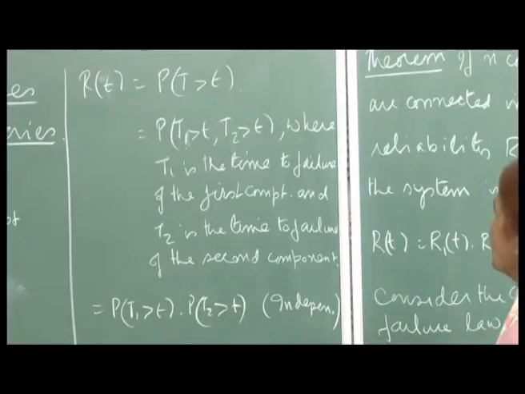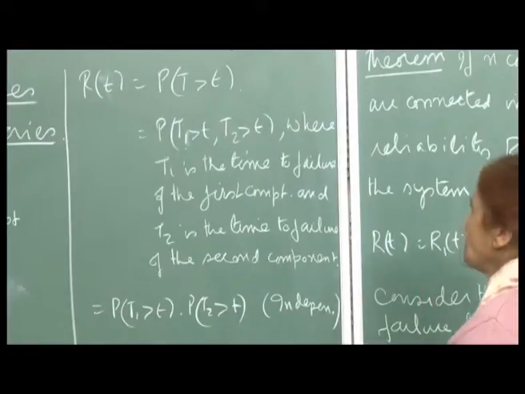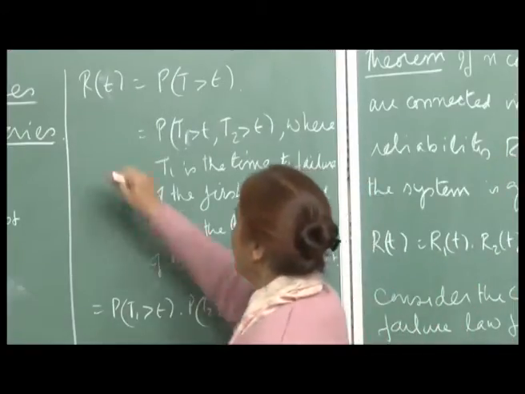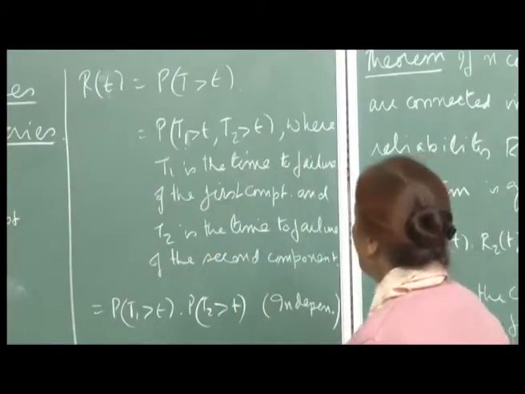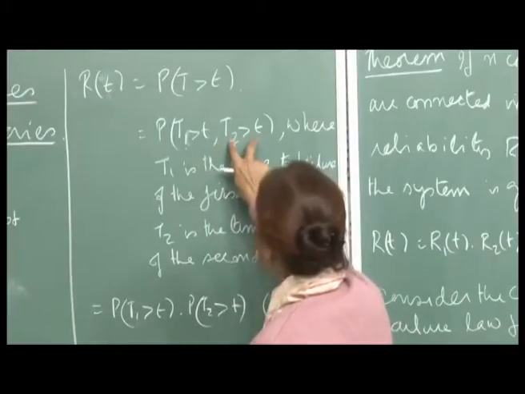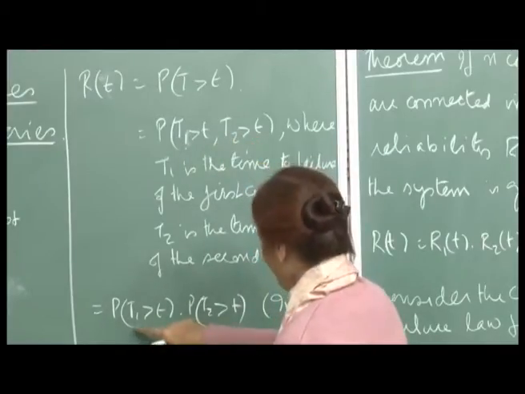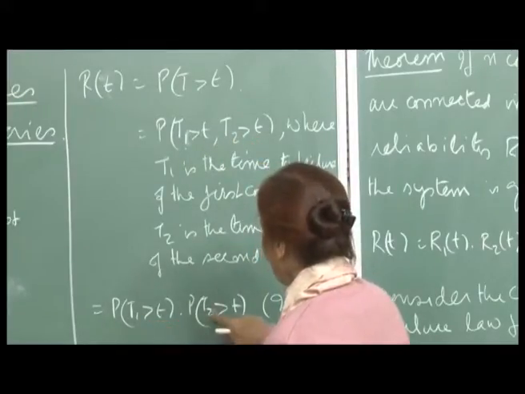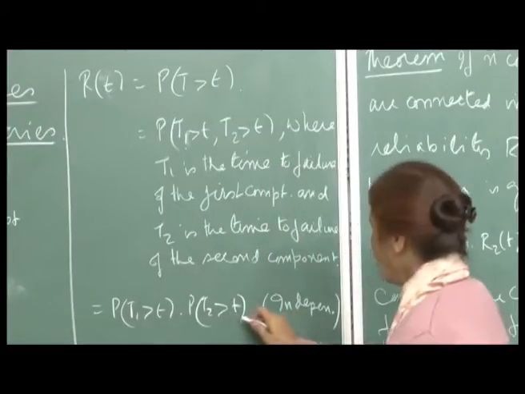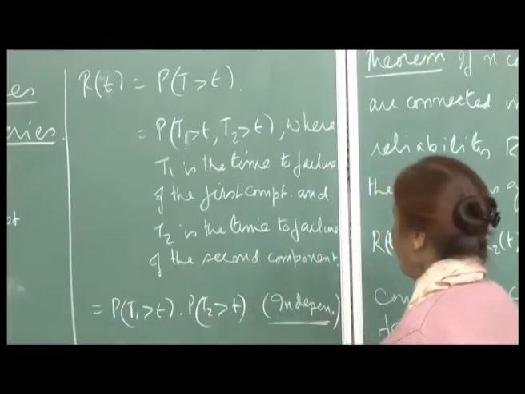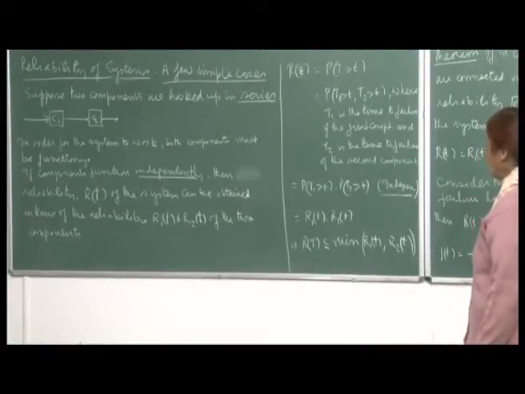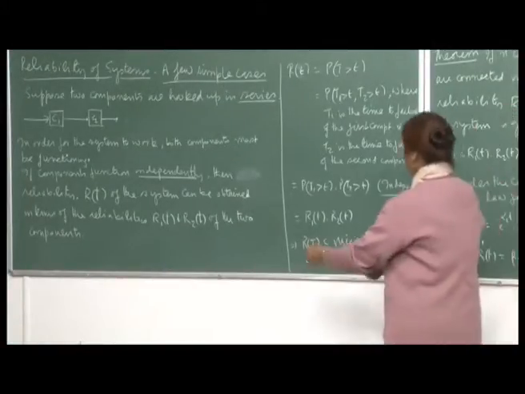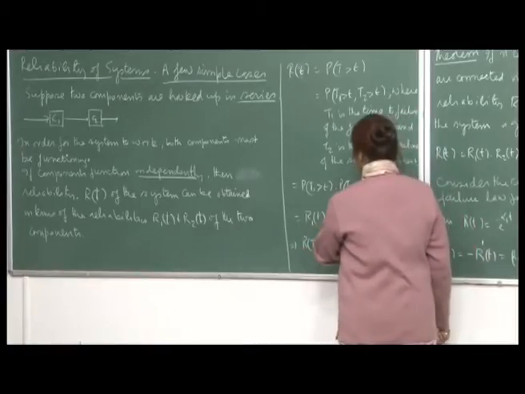Because of independence, this joint probability can be written as the probability T1 greater than t times the probability T2 greater than t, because we have assumed that the two components are functioning independently. So this is R1(t) times R2(t).